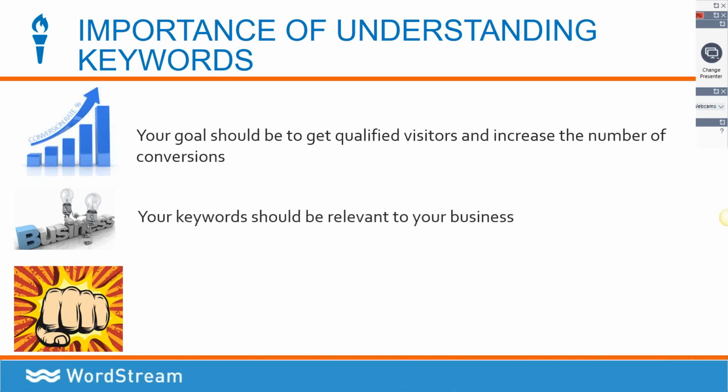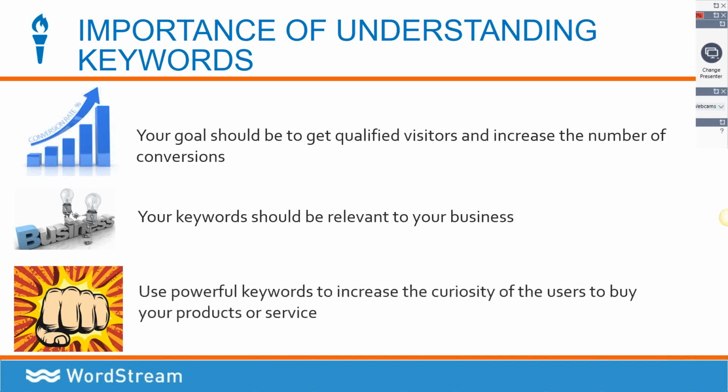Secondly, your keywords should be relevant to your business. If you don't offer anything with a pet service and you're home remodeling, it doesn't really make sense. There's no direct correlation there. So really make sure that your keywords are relevant to your business and they have a good understanding of what you offer overall. And then lastly, powerful keywords, really having that sense of buy now, purchase now, that sense of urgency that we can create for people, instead of avoiding those people just surfing around, really not sure what they want.